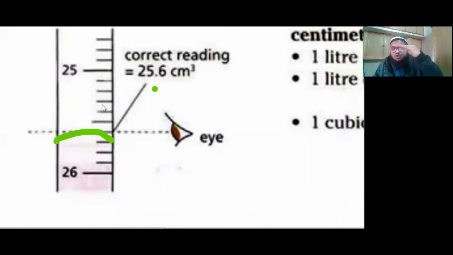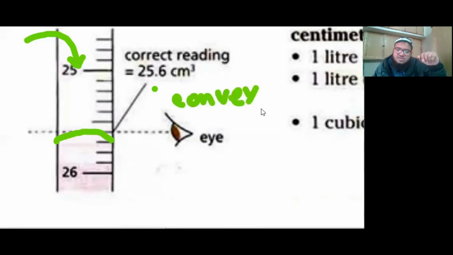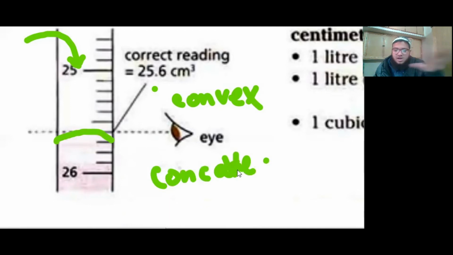You don't see a cave being formed over here. If you're coming in from the top and you don't see a depression, then it's a convex meniscus. And the one in which a concavity is visible is a concave meniscus. I hope the two terms are clear now.